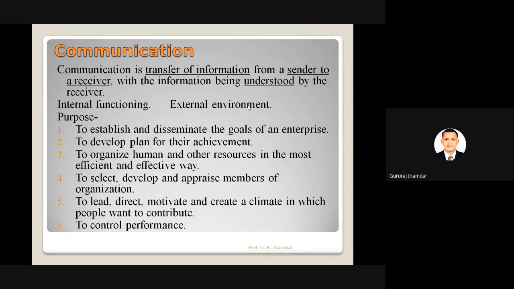So what way to communicate with people, communicate to subordinates, communicate to the higher authorities. There are different types of communications: written, verbal, non-verbal. So all those points we will discuss. Internal functions, external environments. Now let's start communication.